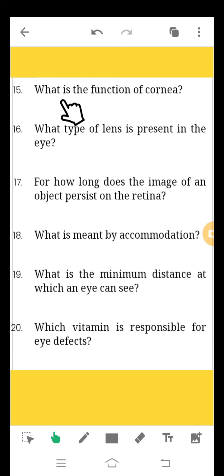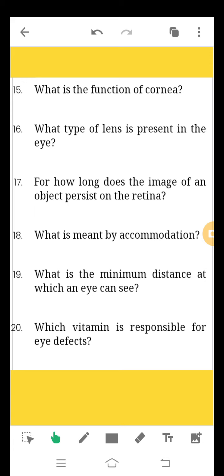Question 15. What is the function of cornea? The function of cornea is protection of the internal part of the eye. Question 16. What type of lens is present in the eye? The lens present in the eye is a convex lens. Question 17. For how long does the image of an object persist on the retina? Can you guess?